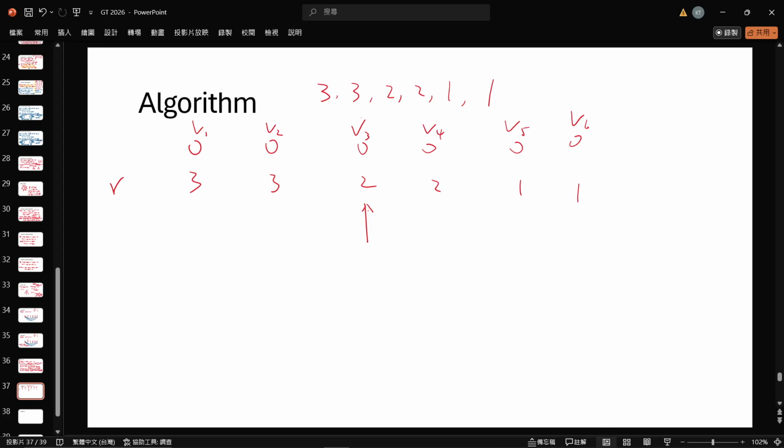So this is step A. Now in step B, we have to find 2 vertices. And this is not any 2 vertices. It has to be the ones that have the highest degrees. So we'll pick V1 and V2.